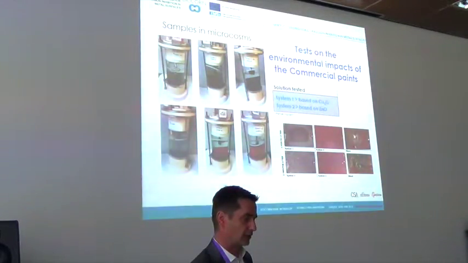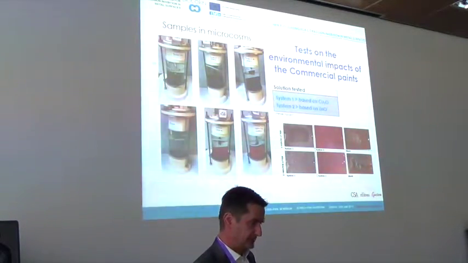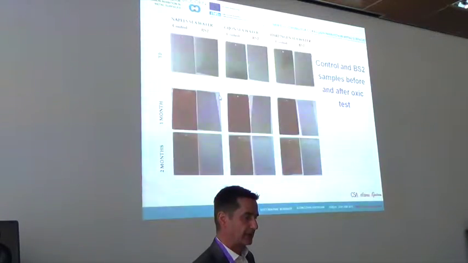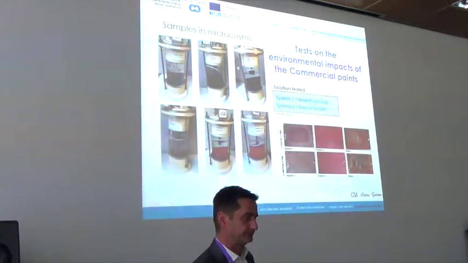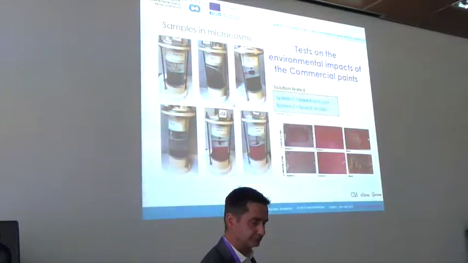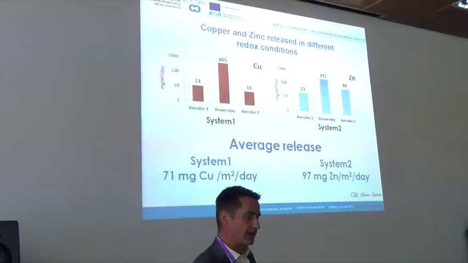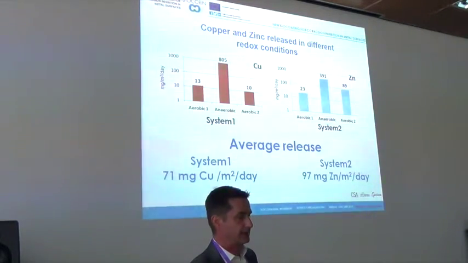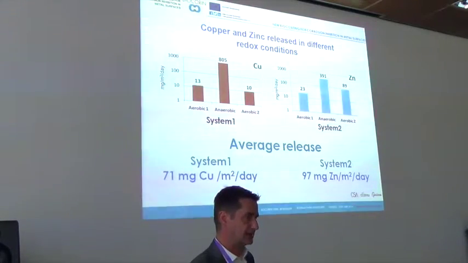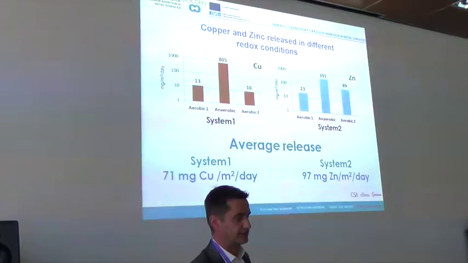This is the control, and after 2 months. This is the beginning of the test. In this case, we have detected great release of copper and zinc, copper for the system 1 and zinc for the system 2, especially increasing abruptly in the anaerobic phase.